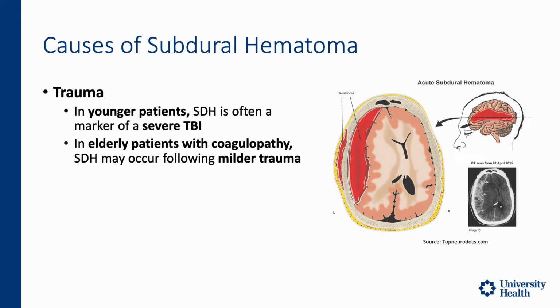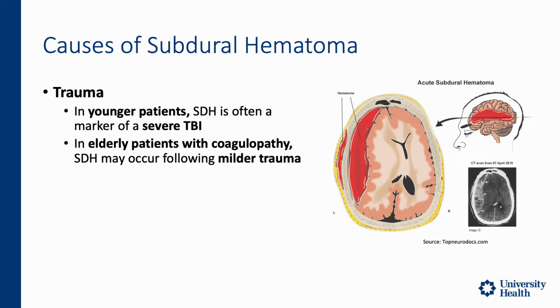Versus your younger patients, right? Usually subdural hematoma is often a marker of a severe traumatic brain injury. And what is a traumatic brain injury? Just like it sounds, from a pathophysiological standpoint, you get this diffuse axonal injury. How we think about it is our axons, in our neurons, you get this shearing and tearing of the brain.